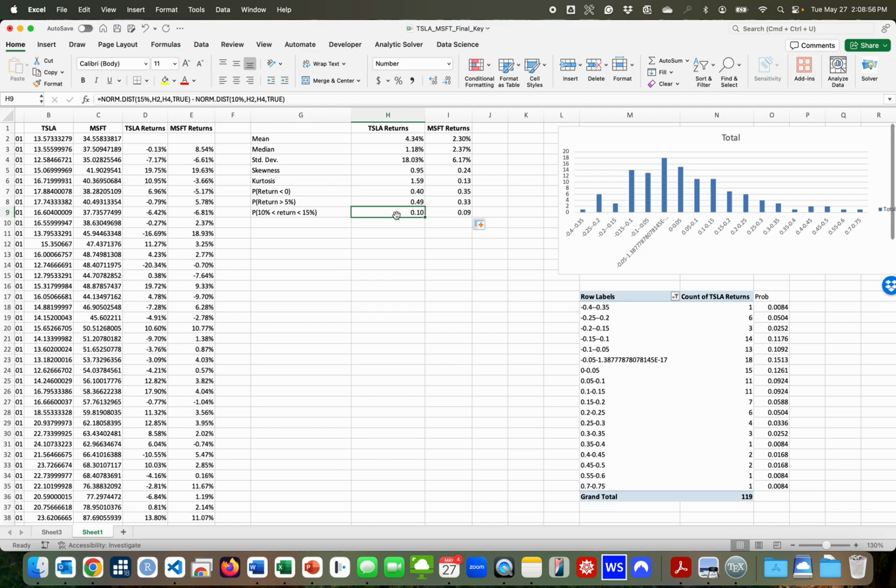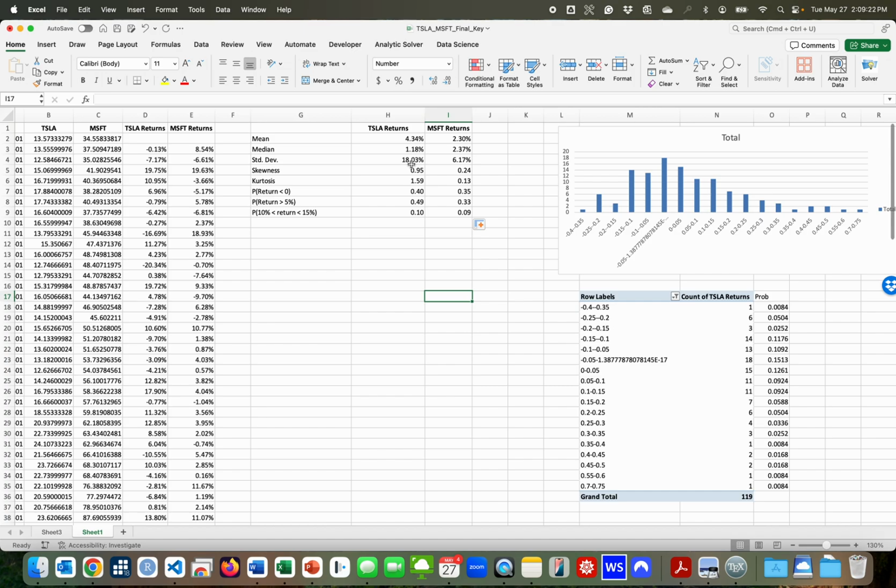And these are the probabilities we would observe if they were normally distributed with these means and these standard deviations. So what we observe in the sample isn't necessarily what we observe in theory if the normal distribution was the true underlying distribution.